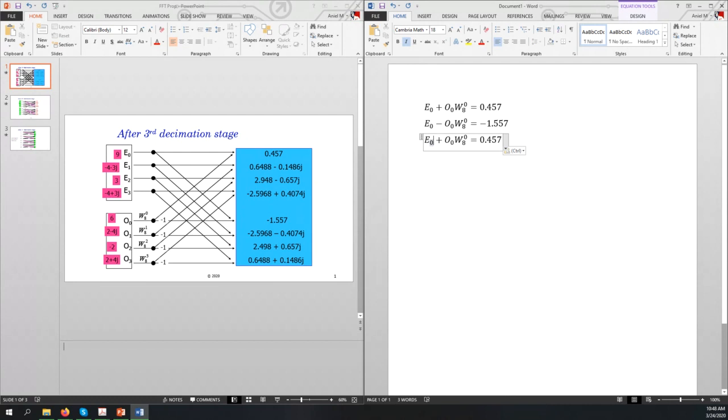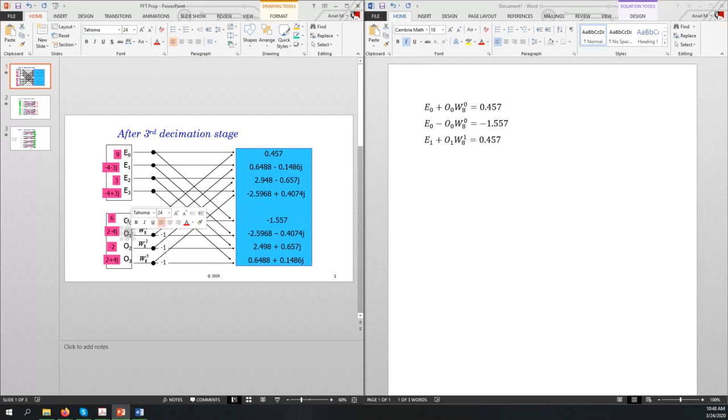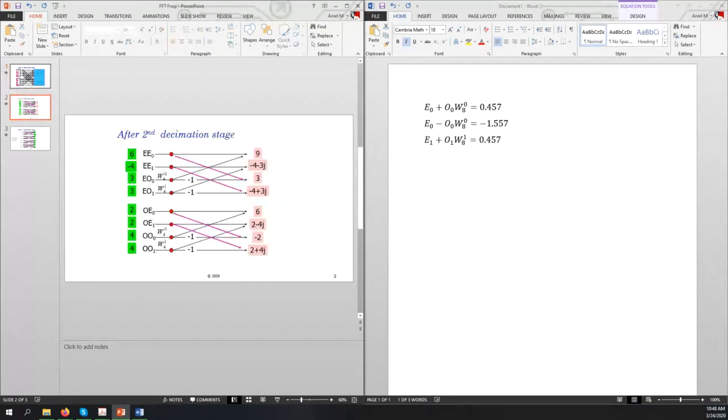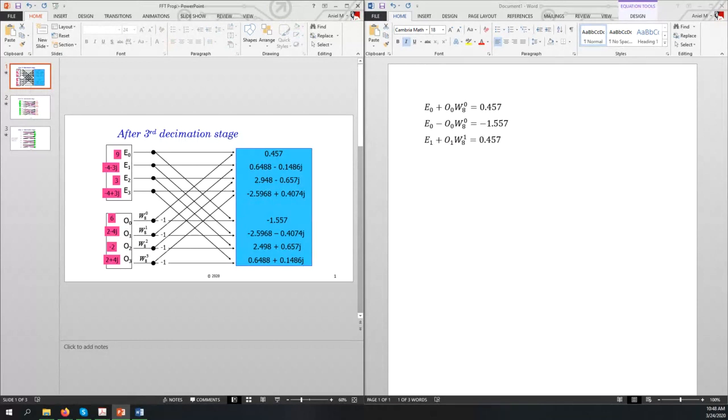This one will be E1 plus O1 W8 1, and E1 here will be going across to this value, and O naught W8 naught will be going across to this value here.